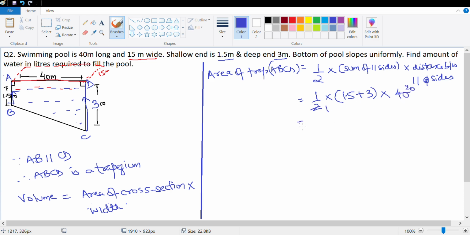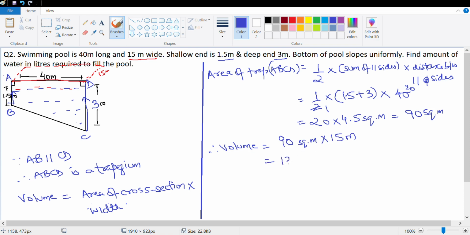So this is 20 into 4.5 square meter, which is 90 square meter. Therefore, volume would be equal to area of cross section, that's 90 square meter, into width, which is 15 meter. So 15 into 9, that's 135. So this will be 1350 meter cube.